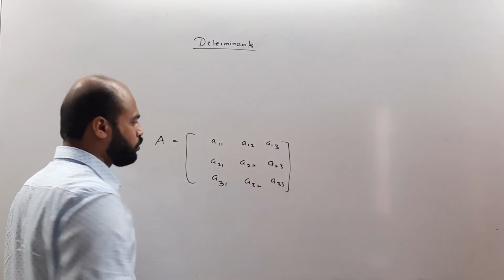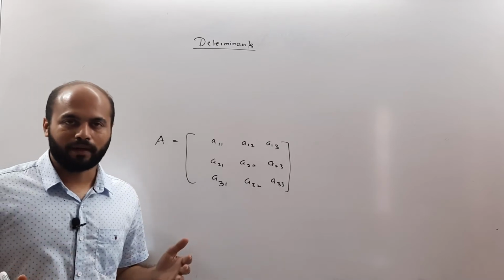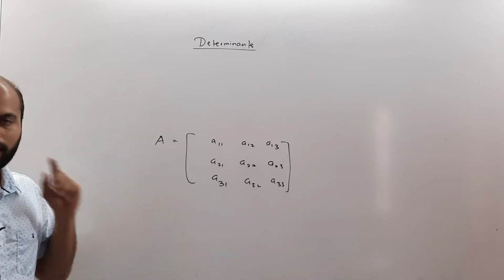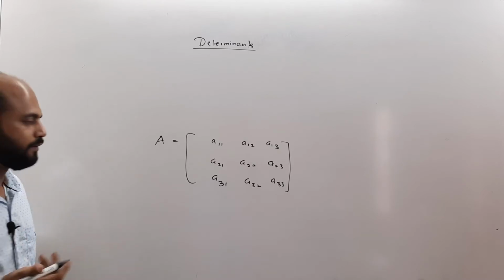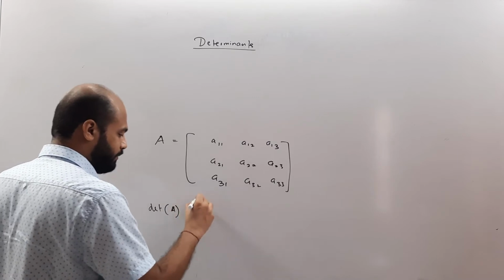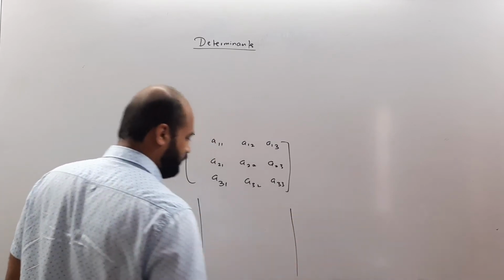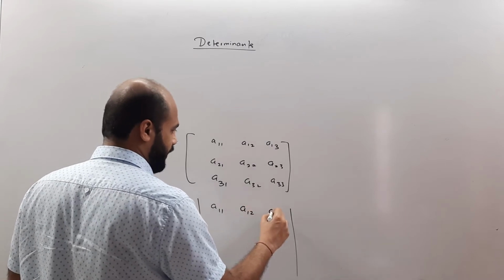Now we are mostly concerned about either the 2 cross 2 matrix or the 3 cross 3 matrix. So in this particular case it's a 3 cross 3 matrix, and if I have to write the determinant of A, then we write it as determinant of A with a box sign and the similar elements.